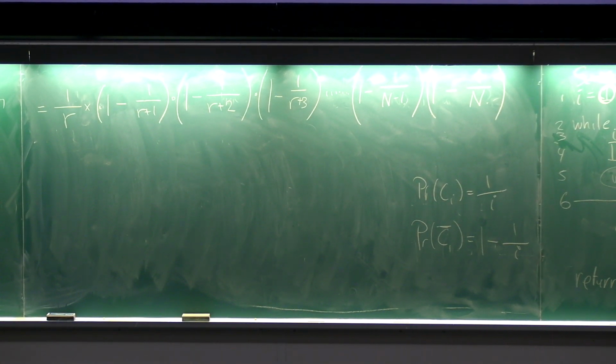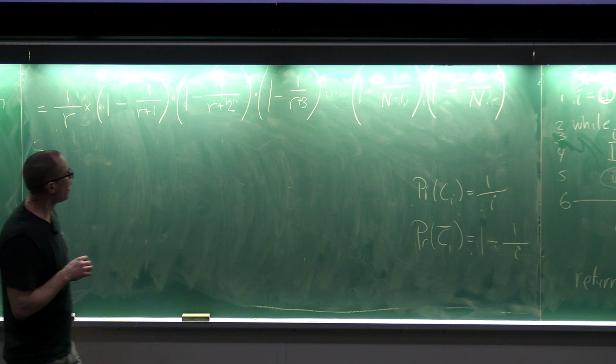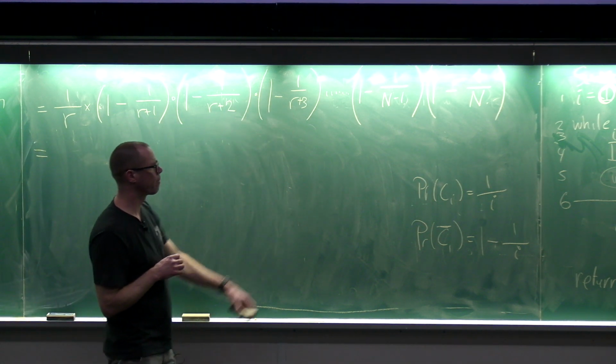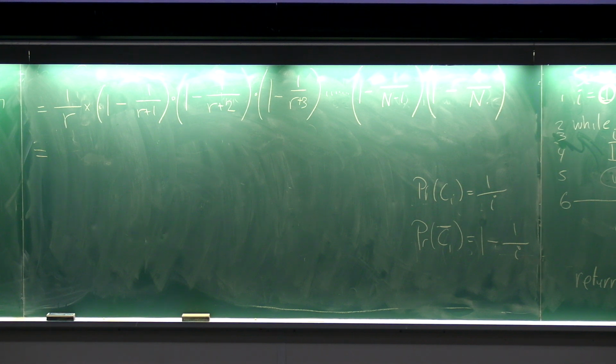Does anybody see what to do next? This is where a little bit of familiarity with algebra helps out. Often when you see something like this, it helps to write these in some nicer way. What is the nicer way?